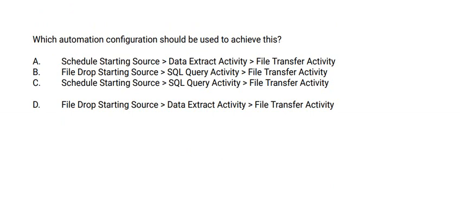Option C, schedule starting source, SQL query activity, file transfer activity. And option D, file drop starting source, data extract activity, file transfer activity. The correct option is option B.